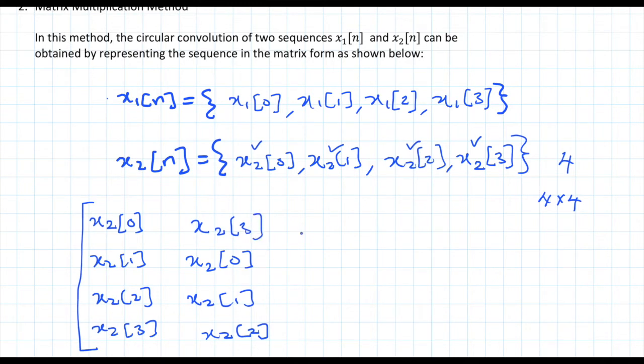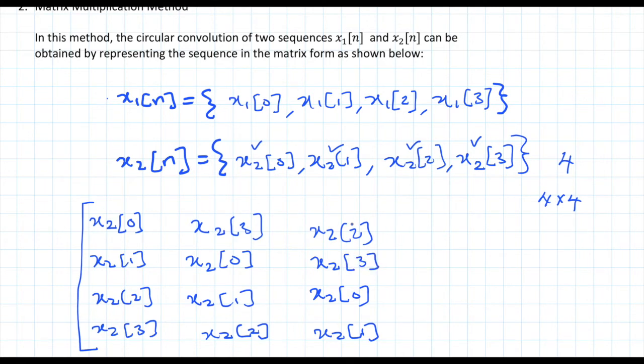In order to get the next column, you take this column and rotate it. So this x2 of 0 will take this place. I'm writing x2 of 0 over here, x2 of 1 over here, then x2 of 2 over here, and x2 of 3 over here.